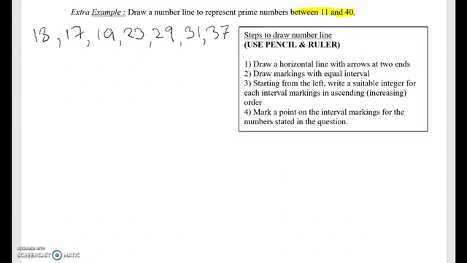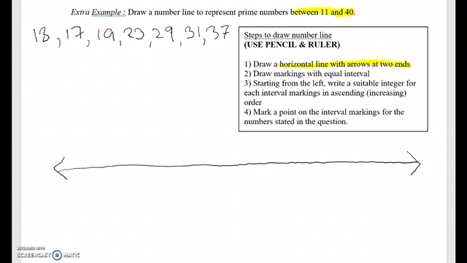So step 1, make sure that we draw a horizontal line with arrows on both ends. Make sure you use a pencil as well as a ruler to draw. Step 2, draw markings with equal interval on the number line.